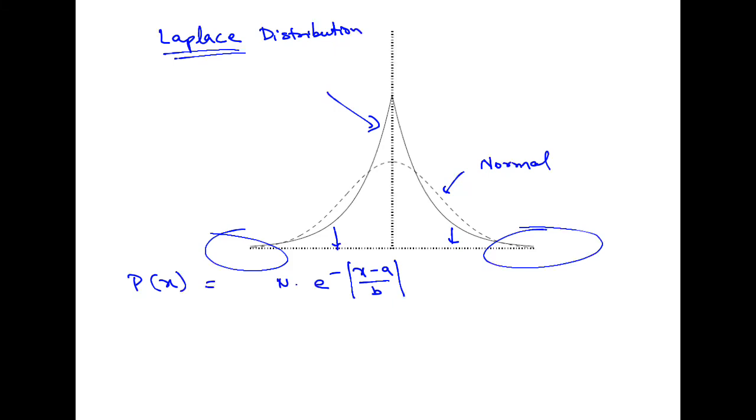Laplace, because it is e to the power minus x. Let's say a is 0, b is 1. So e to the power minus x, and Gaussian e to the power minus x squared. So Laplace will be higher. So these have a heavier tail. These are called the tails of the distribution, and therefore such distributions are called super Gaussian.